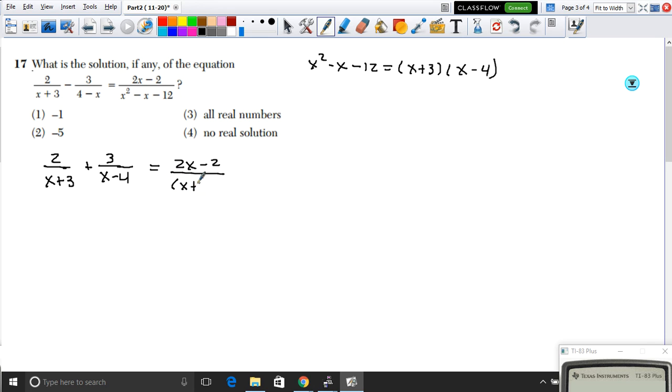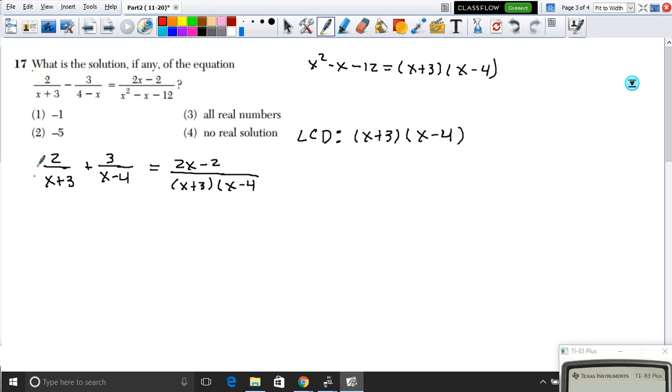We have x plus 3 and x minus 4, so the least common denominator is x plus 3 and x minus 4. In our problem, we are going to try to have every single denominator written as x plus 3 and x minus 4.